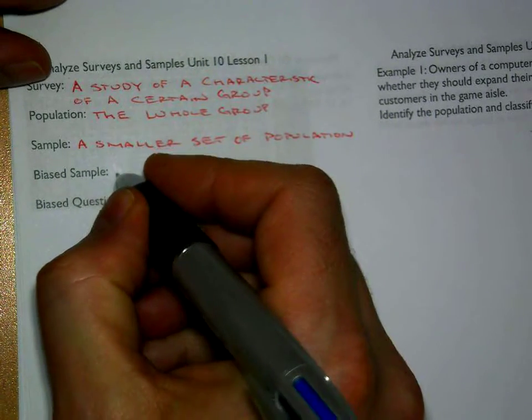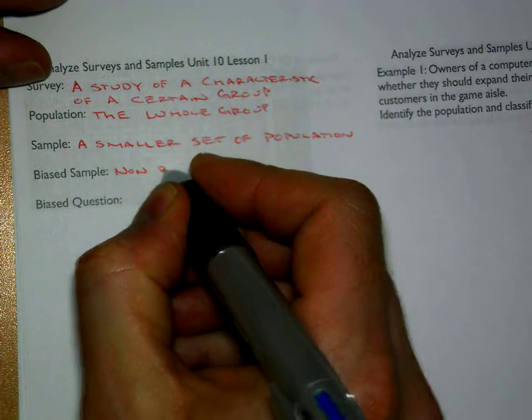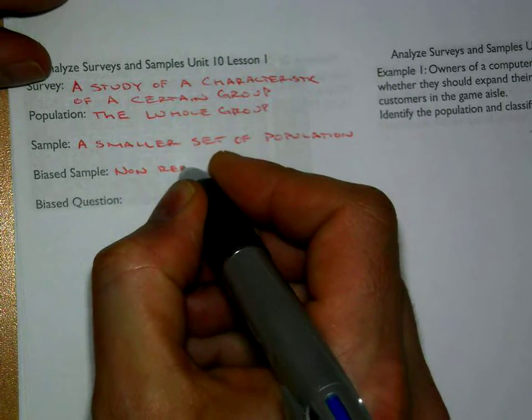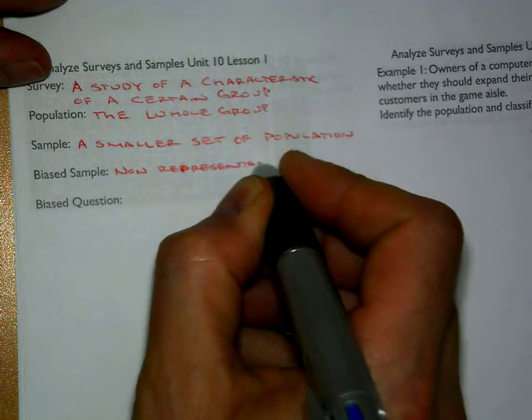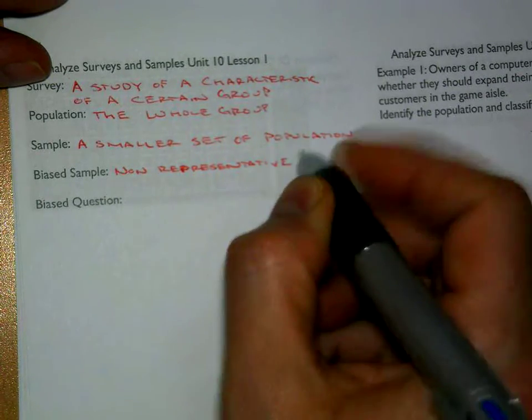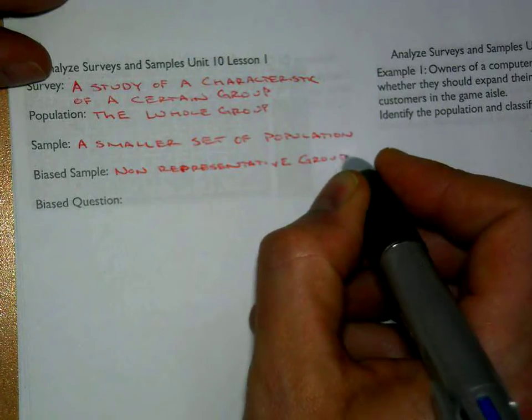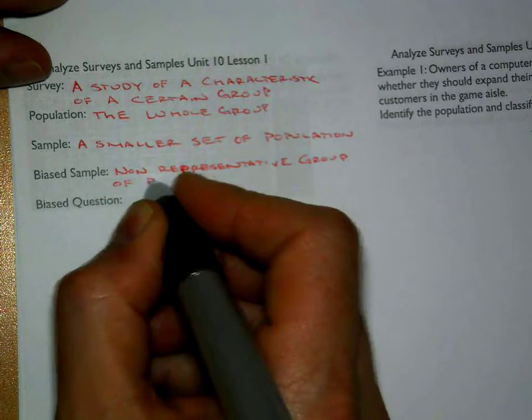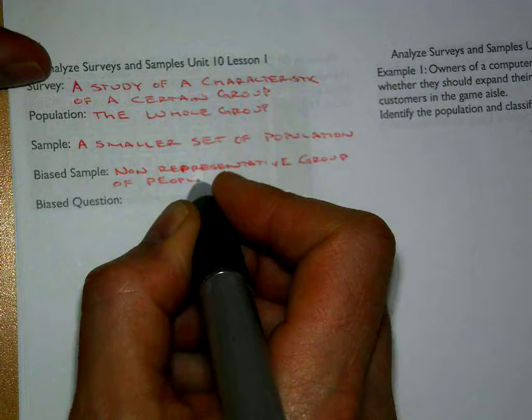A biased sample would be a non-representative group of people.